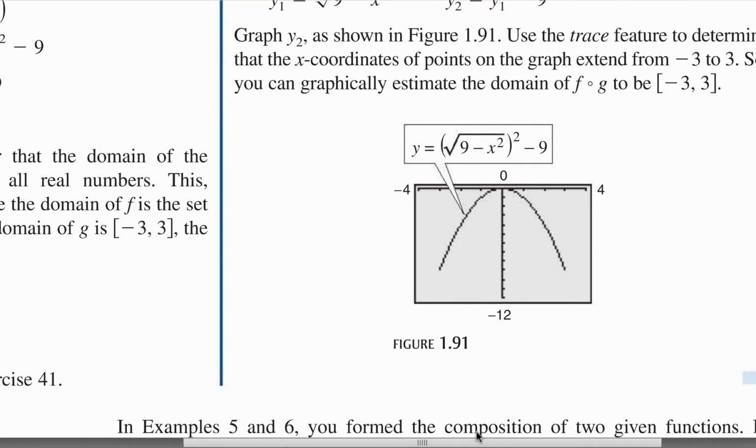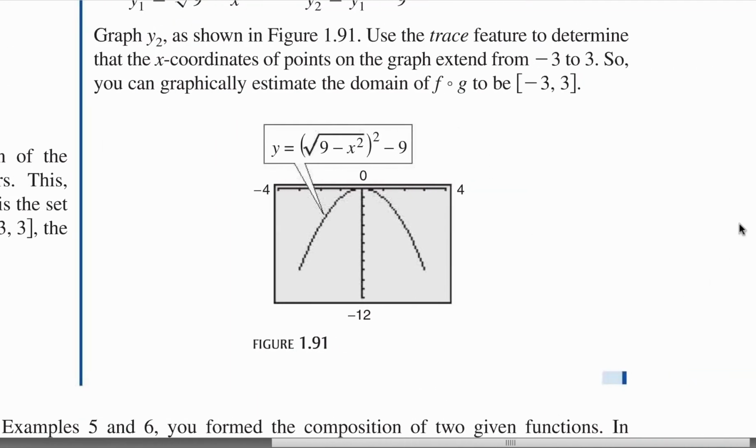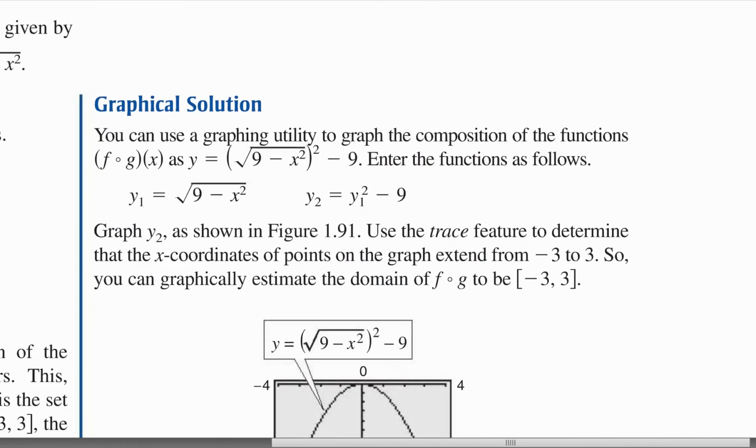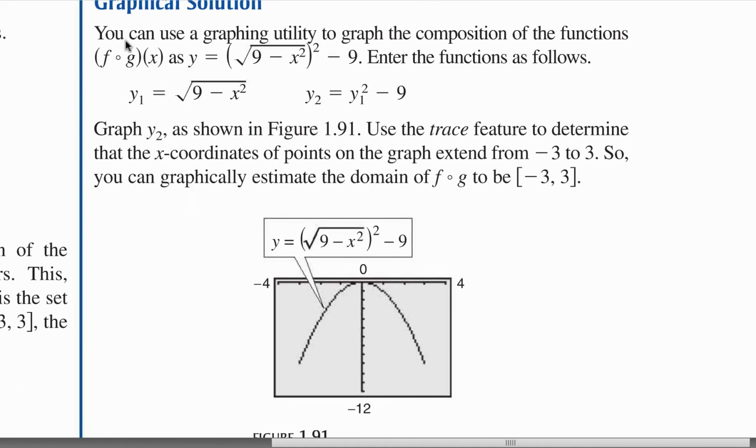Okay, there's also a graphical way that we can look at this result. Graphical solution. You can use a graphing utility to graph the composition of the functions, f of g of x. Set y equal to the square root of 9 minus x squared inside a square minus 9.